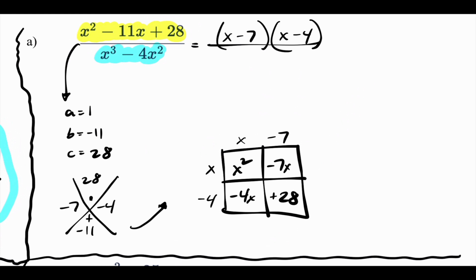The bottom. Bottom is not a trinomial. Bottom is a binomial. So we can't use the same rules we did on trinomials. Binomials is right next to it. It's got less steps. First step, factor out a GCF. Well, does the blue have a GCF? It does. I can divide it both by x squared.